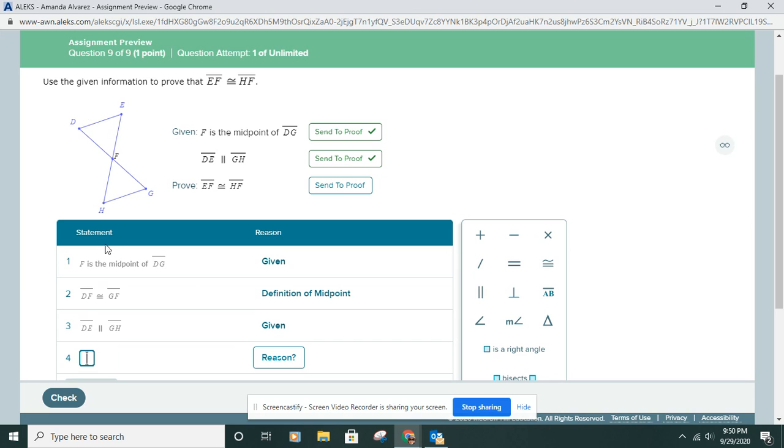If DE and GH are parallel, I can get congruent angles. Alternate interior angles are congruent. So I can get alt interior angles. And then, like I said, I can also get vertical angles, but I just need to get enough to prove the triangles are congruent. So I've got DF and FG. I'm thinking I can do angle, side, angle, and use the vertical angle, so ASA.